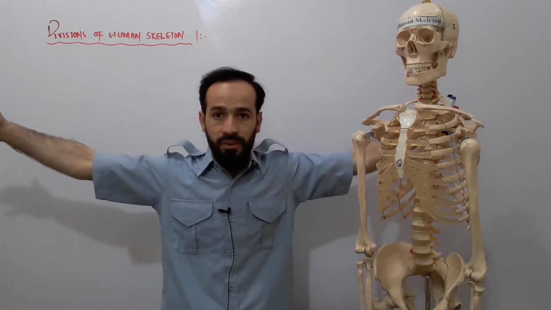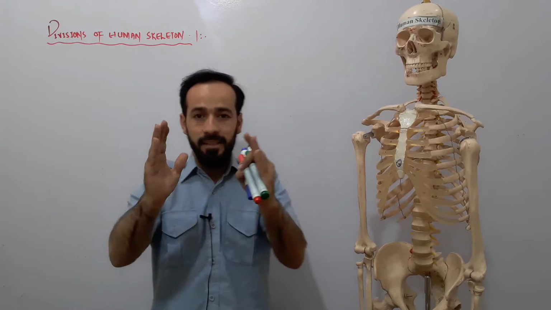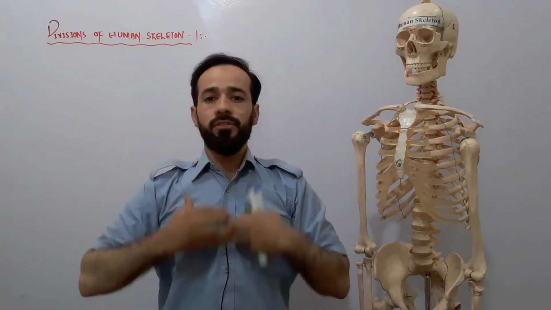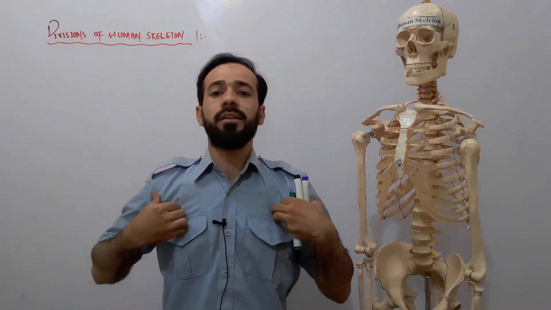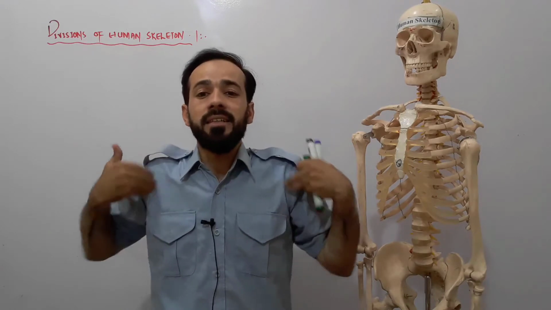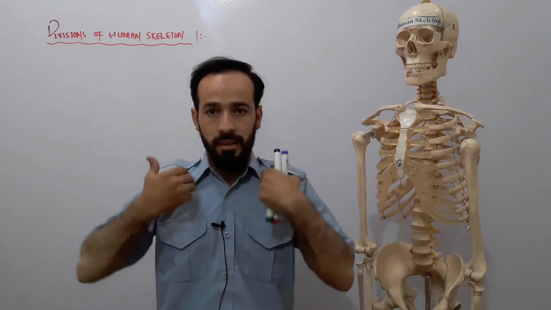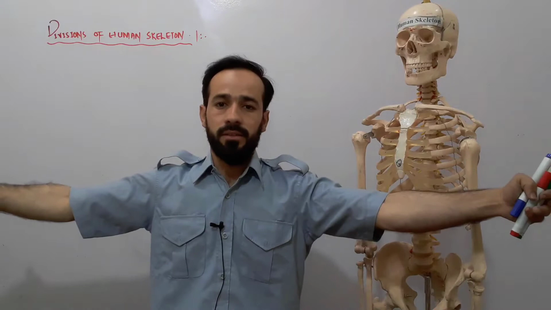And the peripheries of your body, I'm talking about these, right? So the skeleton which is present right in the center, and the skeleton which is present lateral to the central skeleton, right? Central skeleton and lateral skeleton, axial skeleton, appendicular skeleton, right?